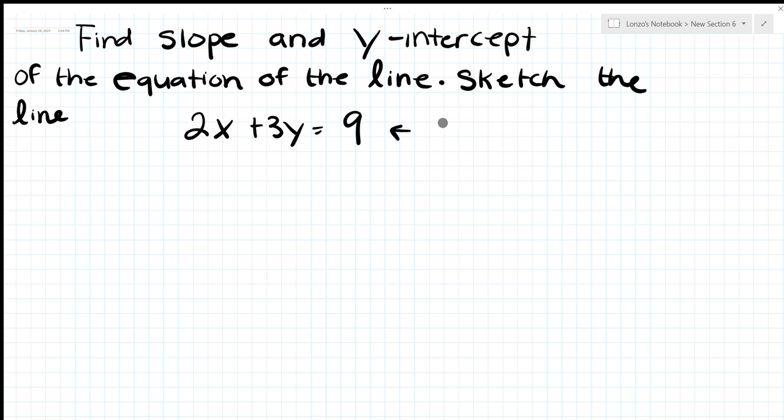This is what's called the standard form. Standard form is like ax plus by equals c. But in order to graph the first way, you have to put it in slope-intercept form. So first step, I'm going to put it in slope-intercept form.